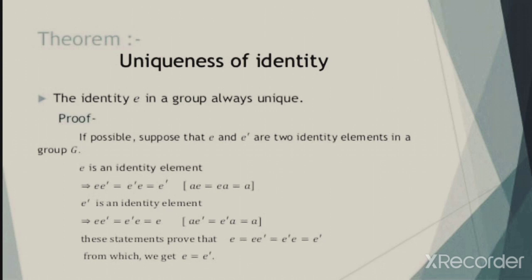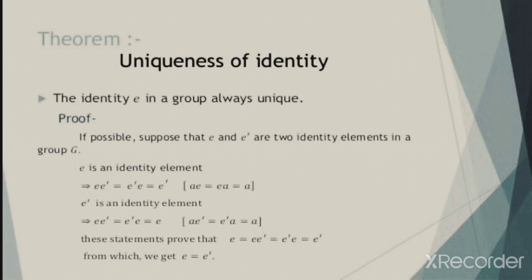Now the first theorem is uniqueness of identity. The identity e in a group is always unique. In order to prove that, we consider two identities e and e dash. If e is an identity element, then e dash will be equal to e dash e, which will be equal to e dash.